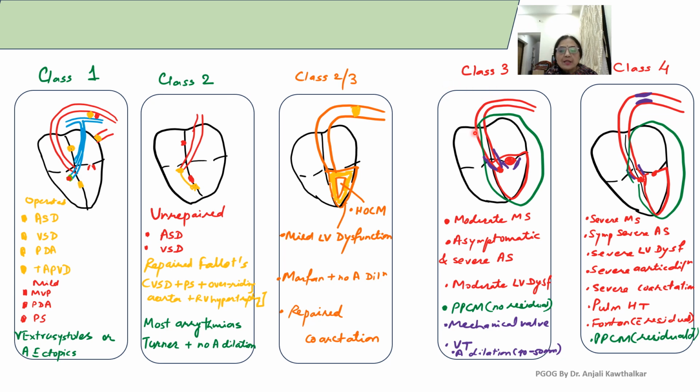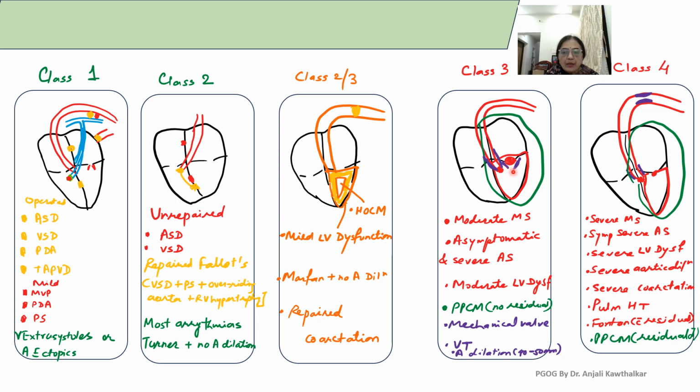What is in class 3 is now there is a significant change to the left side of the heart. Moderate mitral stenosis, asymptomatic and severe aortic stenosis, moderate left ventricular dysfunction. Red, I have shown the left ventricle as red. Then peripartum cardiomyopathy, I am showing it as the left-sided heart getting dilated with the peripartum cardiomyopathy, but with no residual disease.